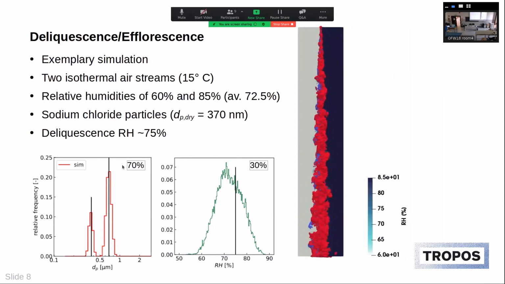And these account for approximately 70% at this certain height we measured or got the data from. And now with the simulation, we can, for example, see that at this point, we only have 30% of the relative humidity values above this deliquescence humidity, so that we can see that there's a large influence of turbulence on deliquescing these particles.